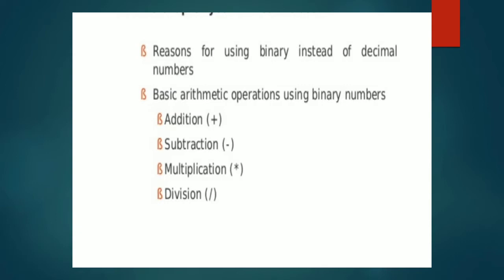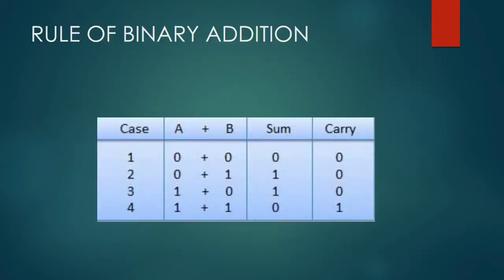So let's start with binary addition. The steps used by a computer to complete addition are usually more than in the decimal system, but the processing speed is much better. There are 4 rules for binary addition: 0 plus 0 is 0, 0 plus 1 is 1, 1 plus 0 is 1 and 1 plus 1 is 0.